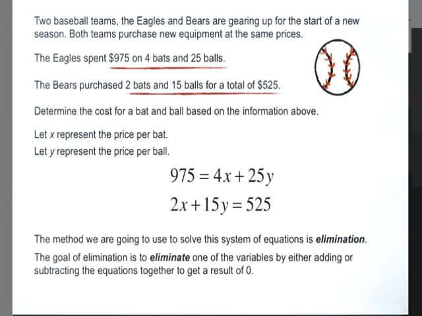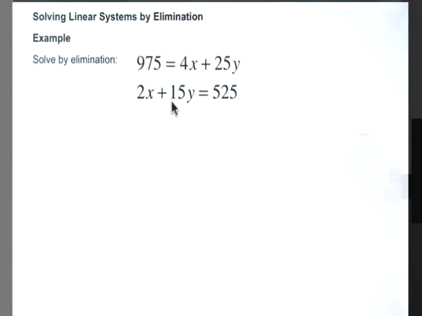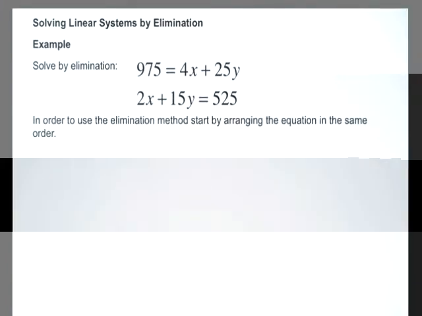So the goal of elimination is to eliminate or get rid of one of the variables by either addition or subtraction of the equations in order to get a result of 0. Now, as it is right now, we can't add or subtract these equations in order to get one of the variables eliminated. So the first thing we're going to do is rearrange the equations so that they are in the same order.